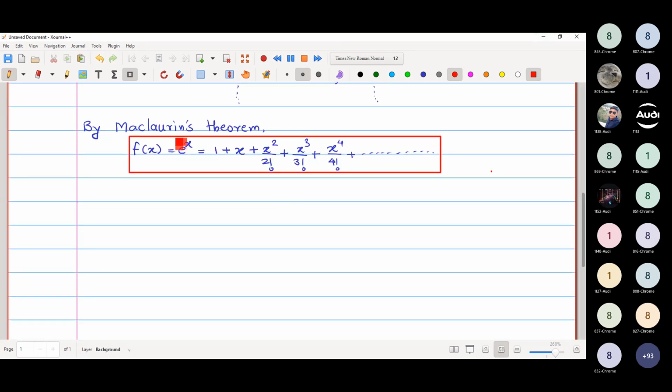Can anyone tell me then, if I am having the function as e raised to minus x, what will be my expansion? How will you do it for e raised to minus x? Can anyone tell me what the expansion of e raised to minus x will be?